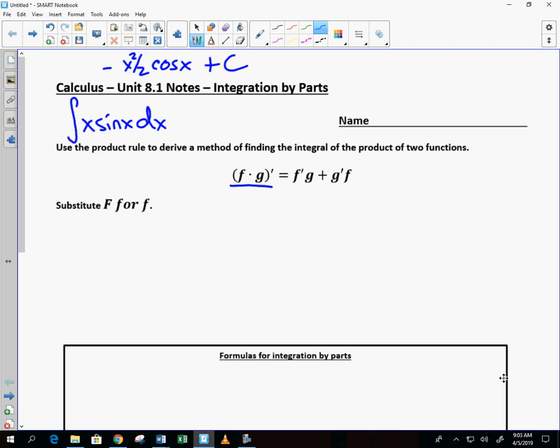And so if big F goes in for little f, then we have big F times little g prime is equal to, let's see if you guys can get this. If I put big F in for little f, then what goes in for f prime? Little f, yep.